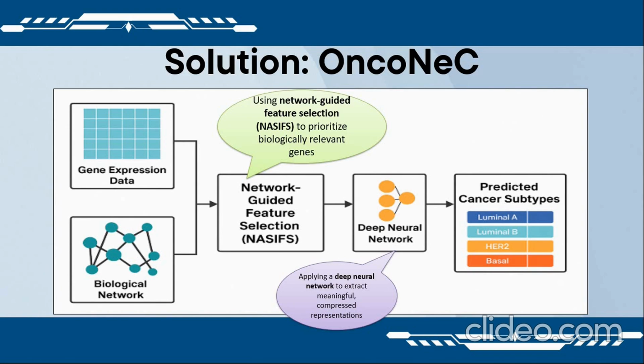Then, deep learning models work to extract the most powerful signals from vast, noisy datasets, while a robust multi-class SVM delivers precise, reliable classification of cancer subtypes. The result is a method that is accurate, interpretable, and clinically meaningful, giving researchers and clinicians predictions they can trust and ultimately bringing us closer to truly personalized cancer treatment.